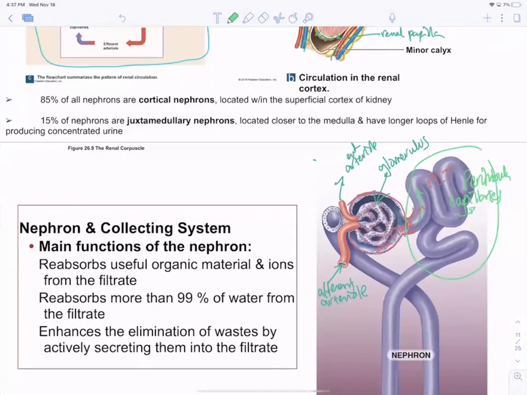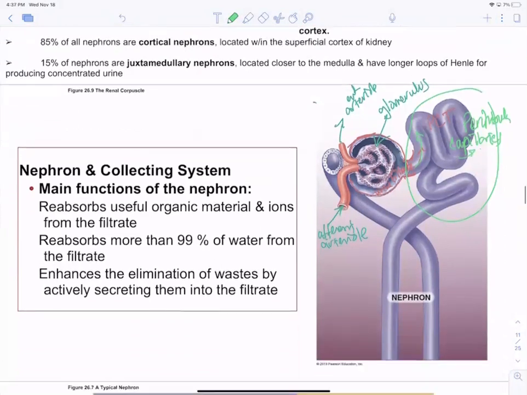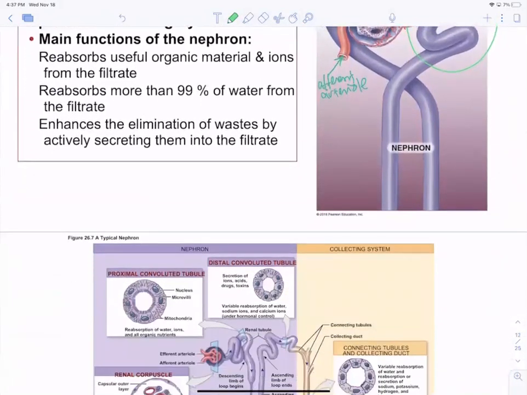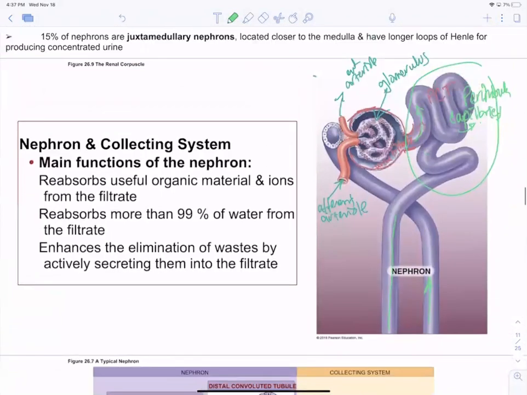And so things getting reabsorbed out of the urine filtrate are going back into those peritubular capillaries. Then the loop of Henle will come down, and then you have the distal convoluted tubule.